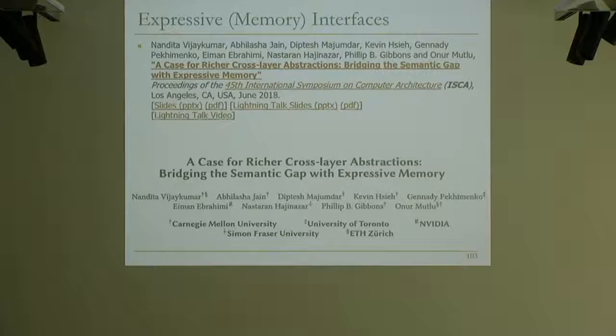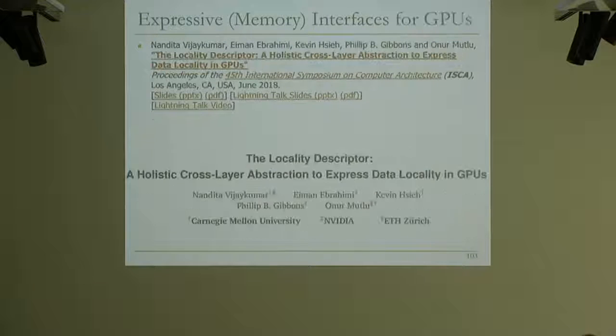Okay. This is more general purpose, and we actually have another paper in the same ISCA. Nandita, my student, is the first author. We did this work with NVIDIA, and we showed a particular example of this. It's called the locality descriptor. It's an example cross-layer abstraction to express data locality in GPUs.